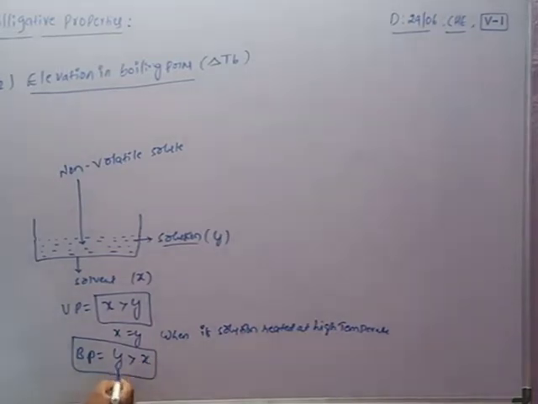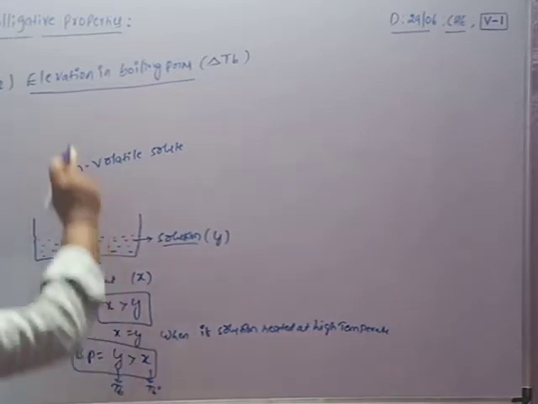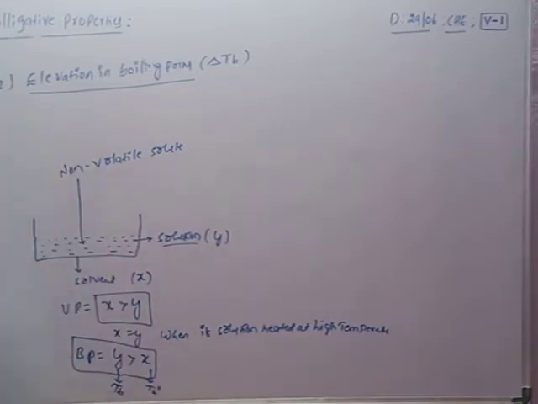The boiling point of the solution is denoted with TB. The boiling point of the solvent is denoted with TB naught. The difference between TB and TB naught is the elevation in boiling point.